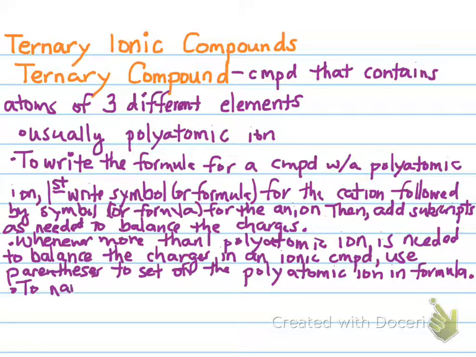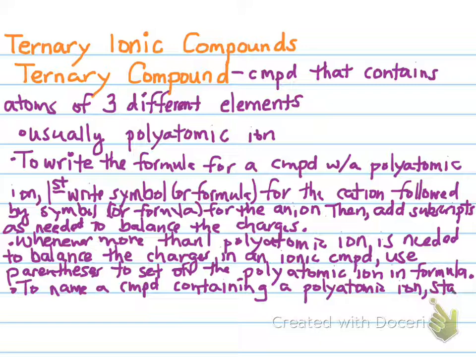To name a compound containing a polyatomic ion, state the cation name first, and then the anion name.